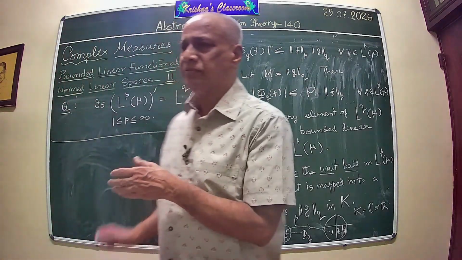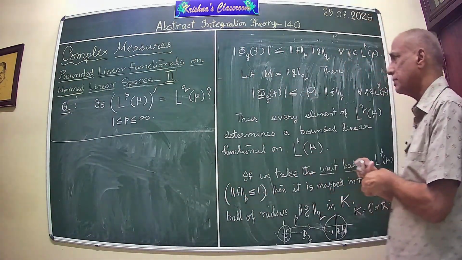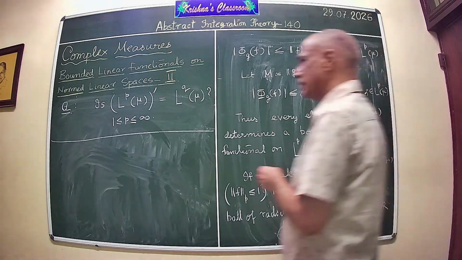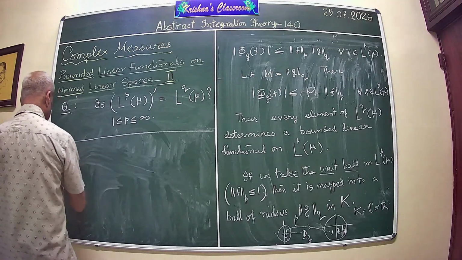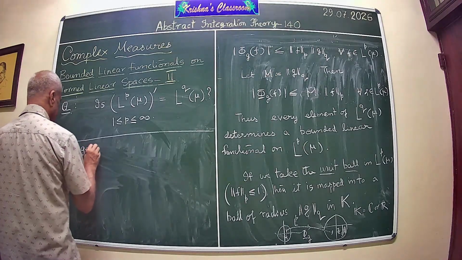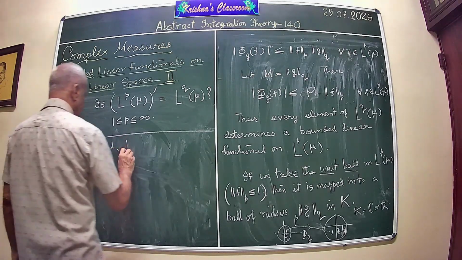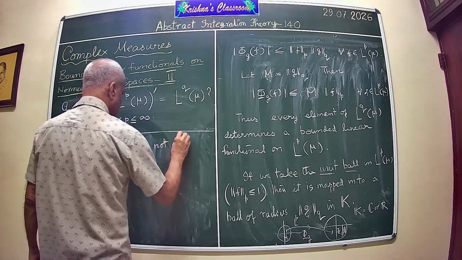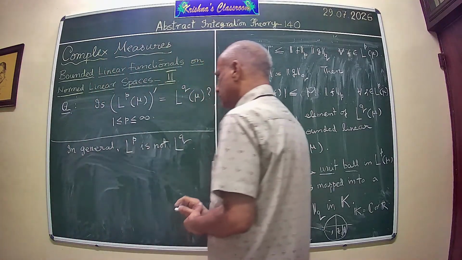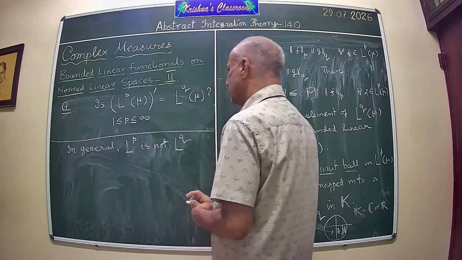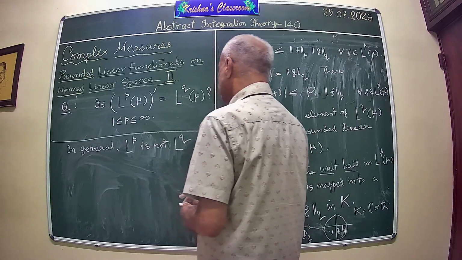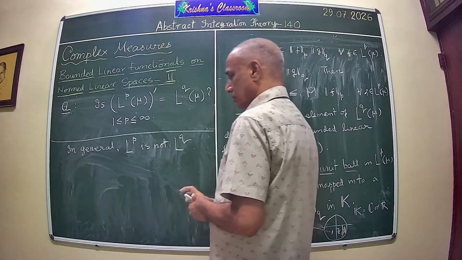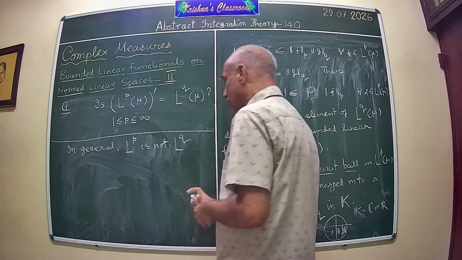But if we are working in infinite dimensional spaces, this becomes quite relevant because you know that LP is in general not equal to LQ. That's one observation. The second observation is that the objects in these two spaces LP and LQ are different.